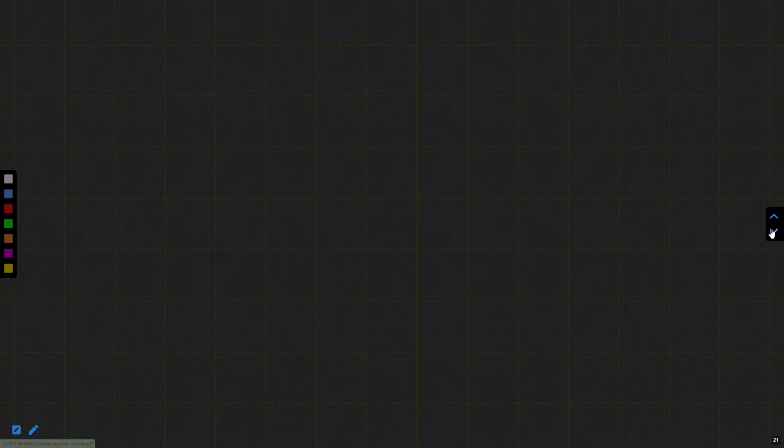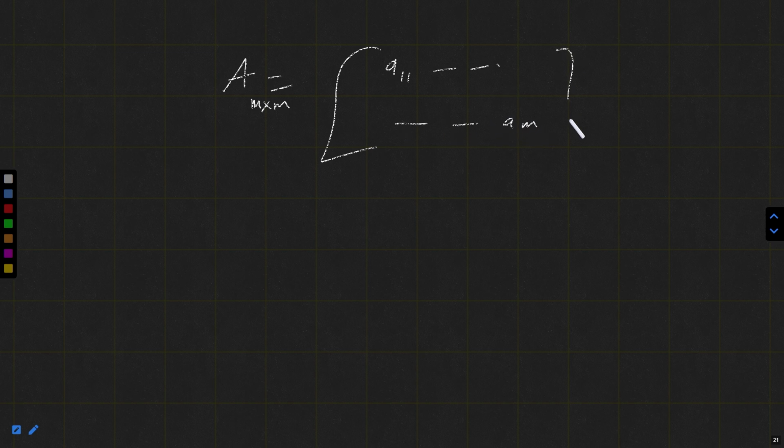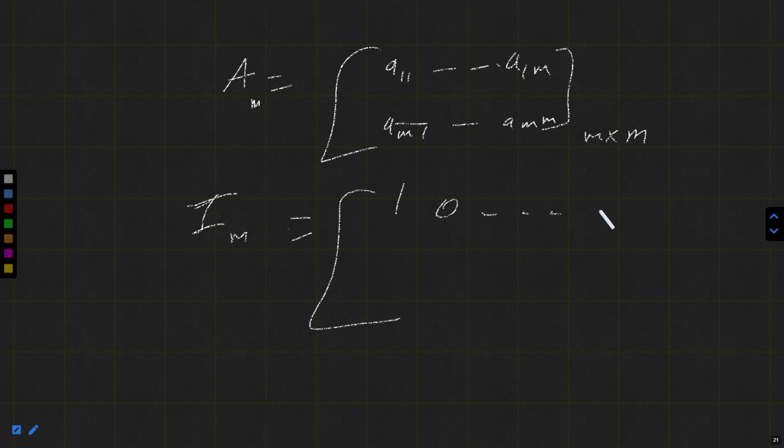So in general, if you are having A as an M cross M order matrix, say A11 till AMM, A1M, AM1, this M cross M square matrix, then your identity matrix of M cross M, or Im in short, we write like this. Okay, this will be 1 0 till 0, 1 1 till 1. How many rows are you having? M rows. How many columns?